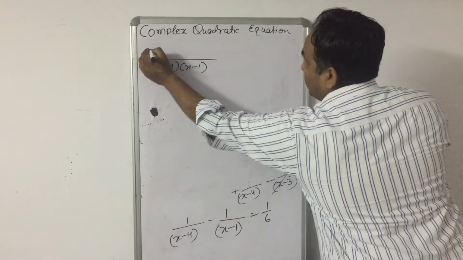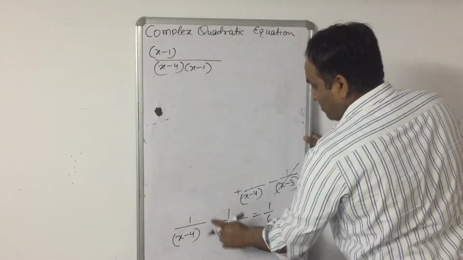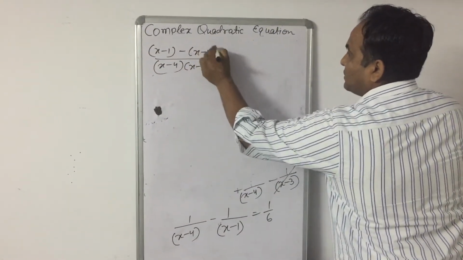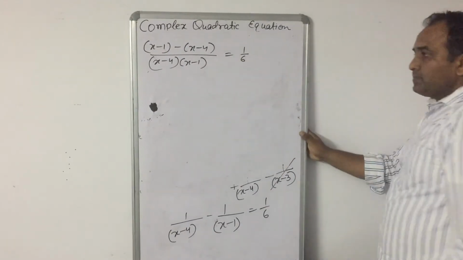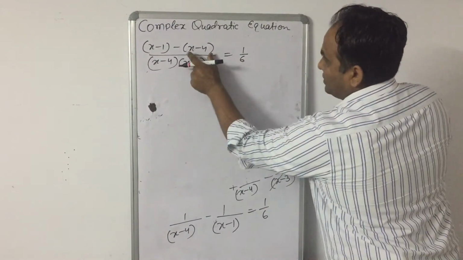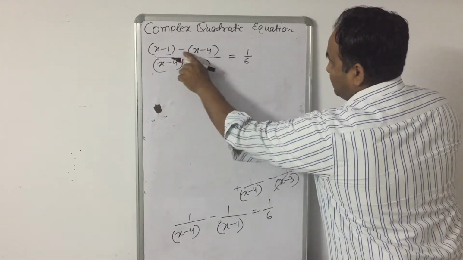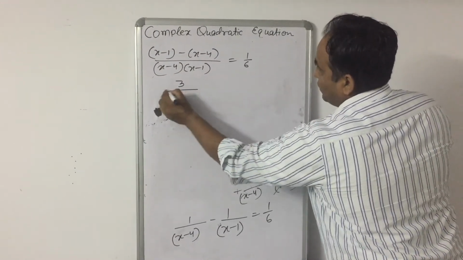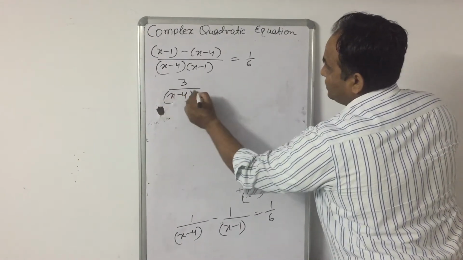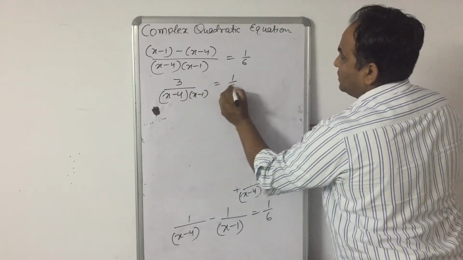This x minus 1 will be placed over here, minus. Now as soon as I open the bracket, this x will cancel with this. Minus 1 plus 4 is plus 3, upon (x minus 4)(x minus 1), equals 1 upon 6.